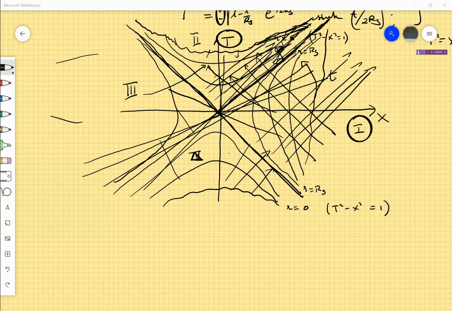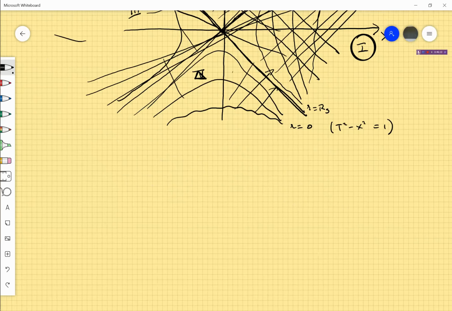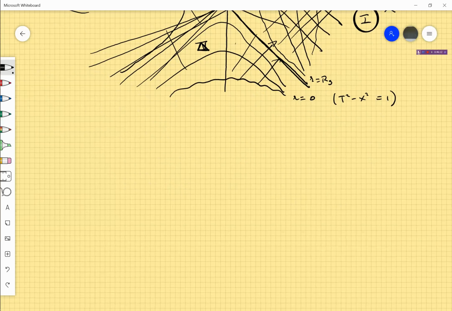So let me explain this very briefly, because this is not supposed to be in the program. For Minkowski spacetime, you can do this, or for any other spacetime.